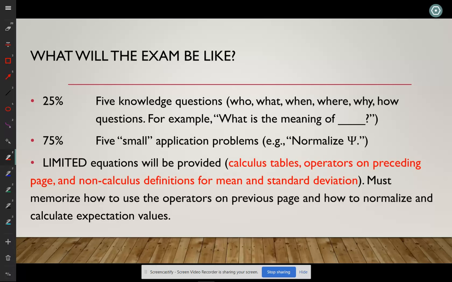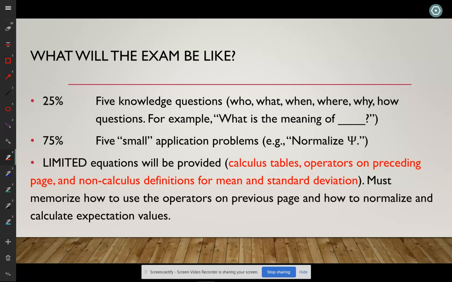The exam is 1/4 knowledge questions in value. There's probably about the same number of knowledge questions as there will be actual calculation questions. But it's 1/4 the value, and 3/4 of value is in the applications. And of course, in time, it's probably 10%, 90%. So you'll have 5 knowledge questions that are asking things like, why did Schrodinger come up with this Schrodinger equation?